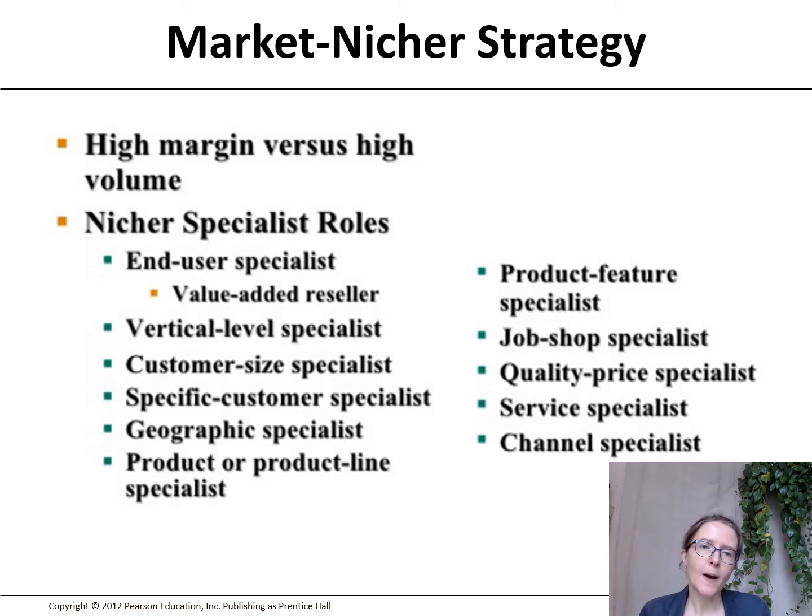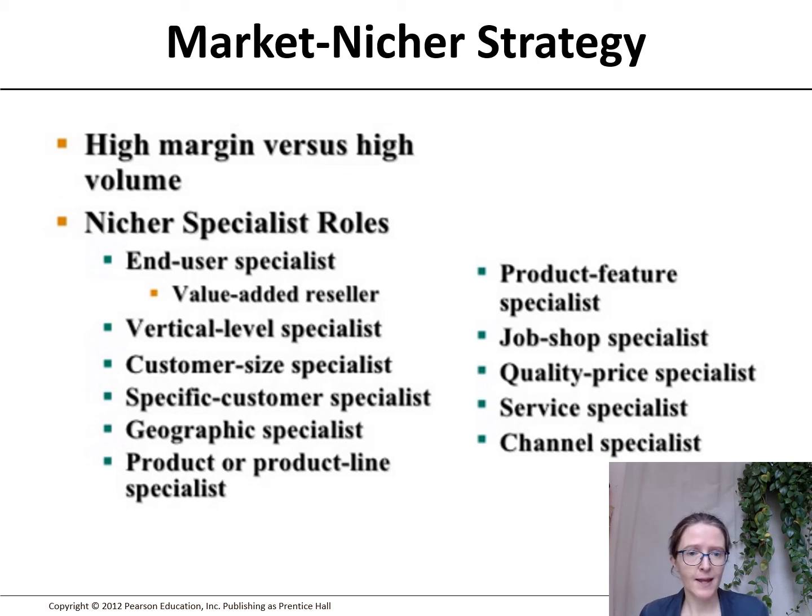And when we talk about being in the market niche, the market niche strategy is very much about high margin versus high volume. And this is where we can start to create some roles around this in terms of being niche specialist roles. So is this about creating an organization around end user specialism, value added reseller, for example, vertical level specialism, customer size specialist, or being a specific customer specialist, geographical specialist?